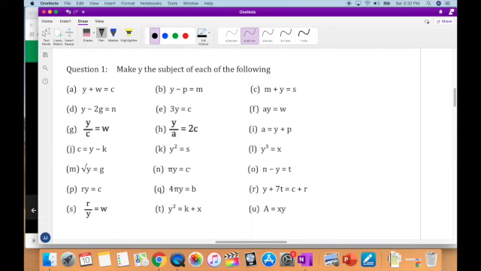Getting a little bit tricky now. Caitlin, Shazay, and Scotia. So Caitlin, the first one, y squared equals s.